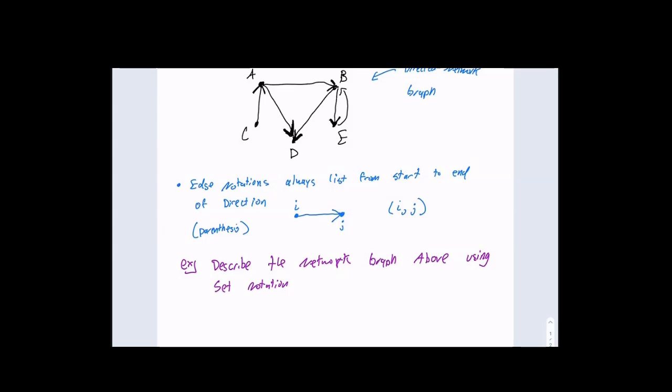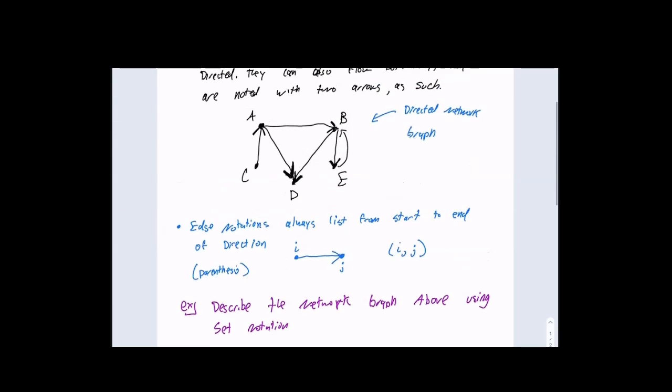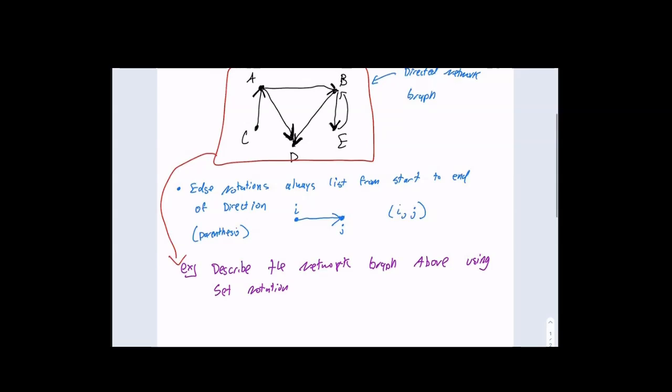How do I describe it? There's no J's in the network. The IJ was just part of the notation. The example we're doing is the A, B, C, D, E one.